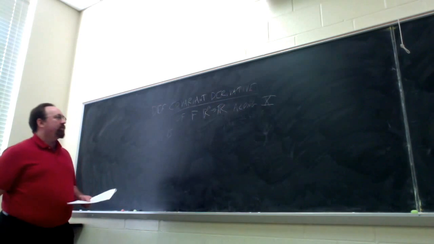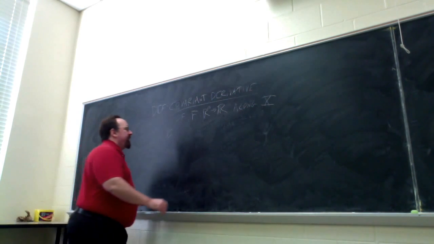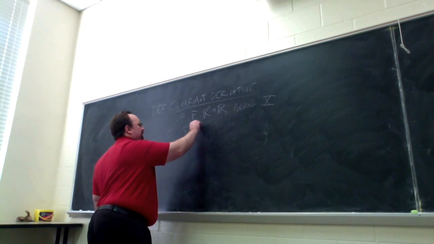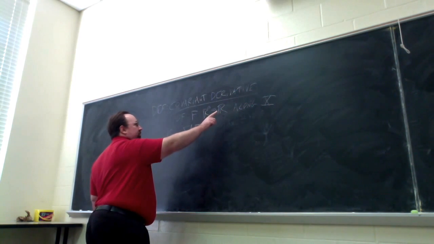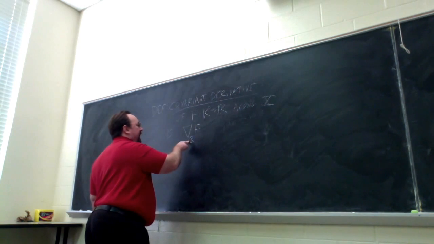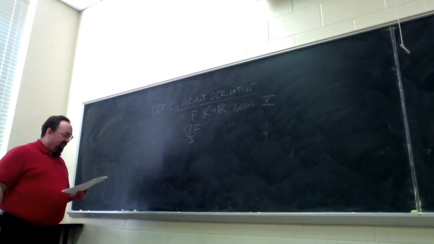The notation used for a covariant derivative is the gradient of f, but you take the vector field as a subscript.